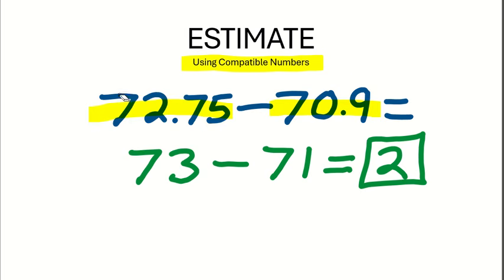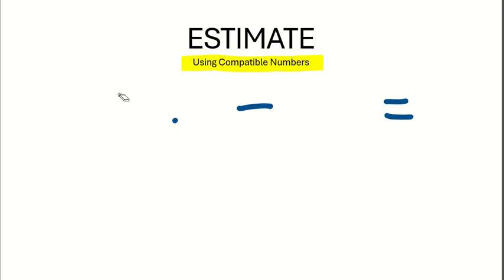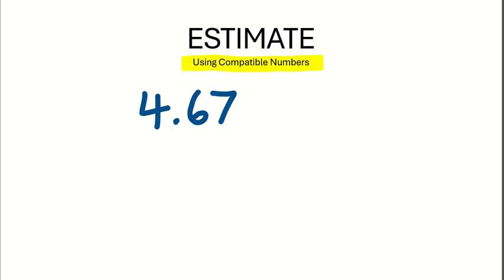Let's keep it going. Now, what if I were to have 4 and 67/100, and I wanted to decrease that by 1/10? Let's use compatible numbers.